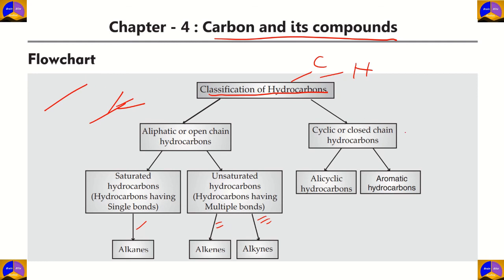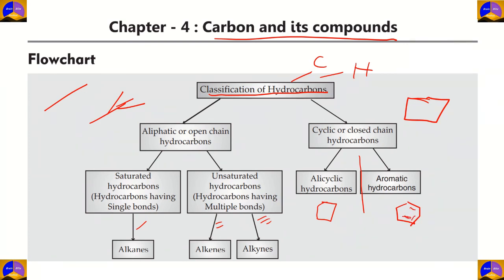However, they're not closed. If you have a closed carbon chain, it's called a cyclic hydrocarbon. There are two types, alicyclic and aromatic. Alicyclic is when you have only one type of bond for the entire chain, and aromatic contains two different types of bonds which are alternating.